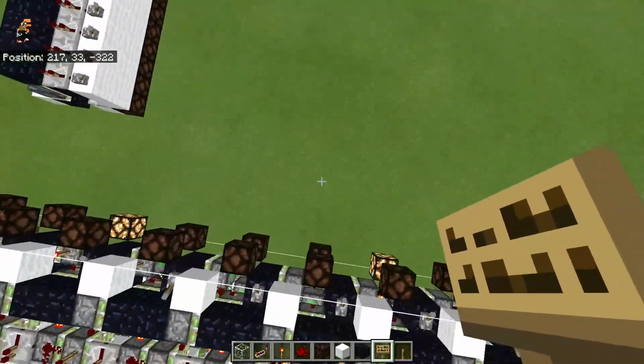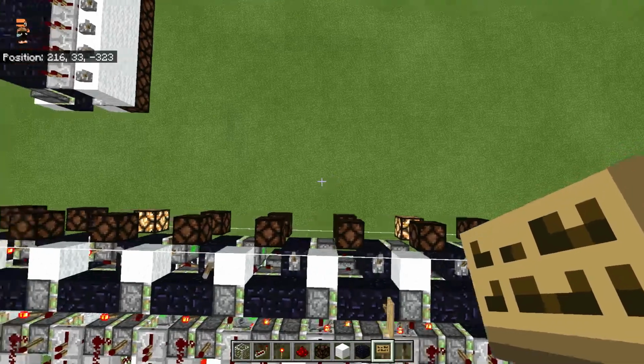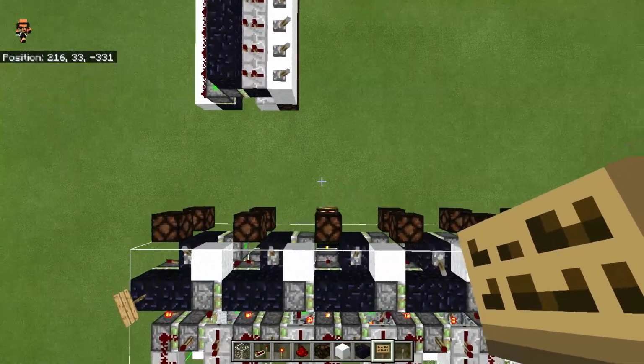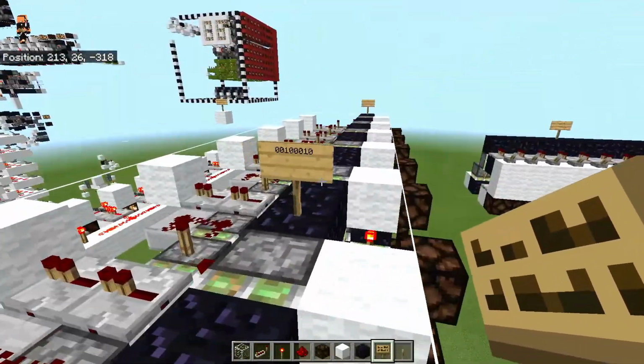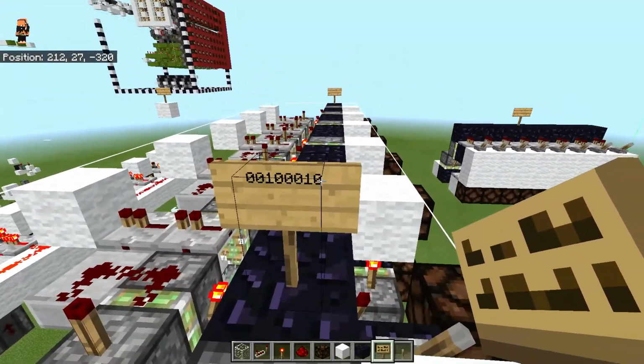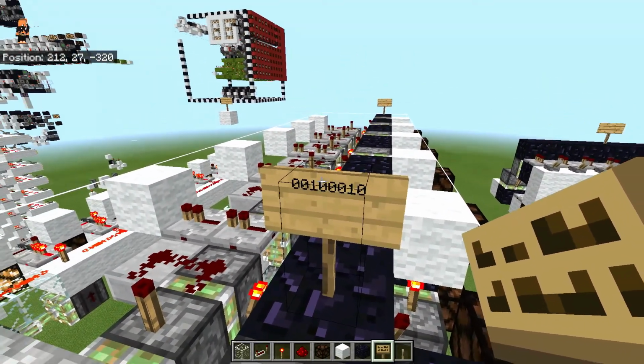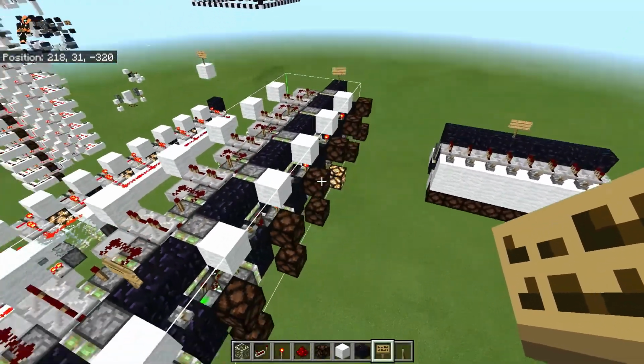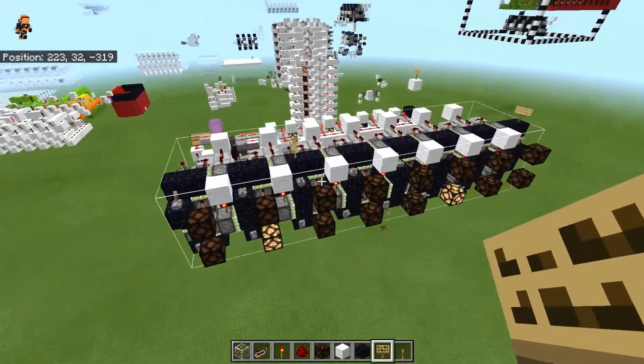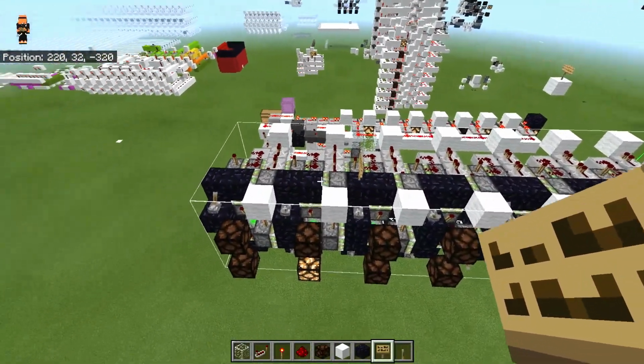If you look over here, 0, 1, 0, 0, 0, 1, 0, 0. The exact same solution. So I just explained how 2 numbers in binary would add.